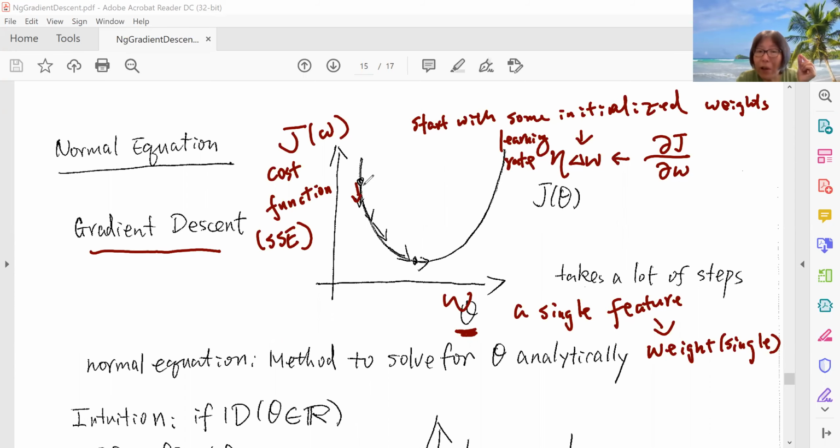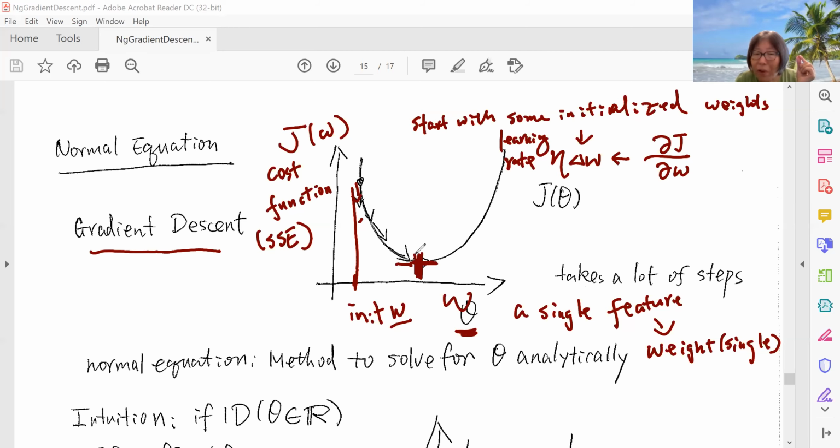Assuming it starts at this initialized weight, you keep updating it, and it gets closer to the minimized cost.